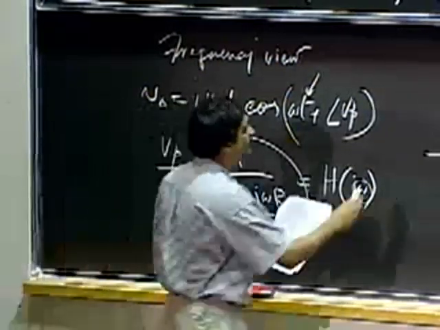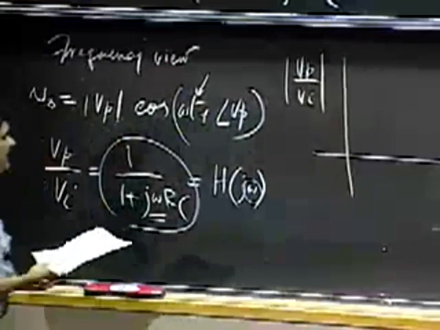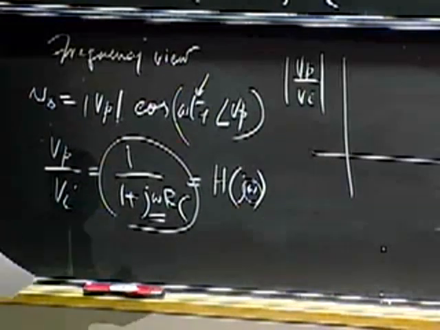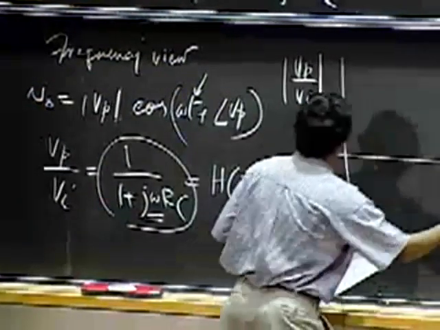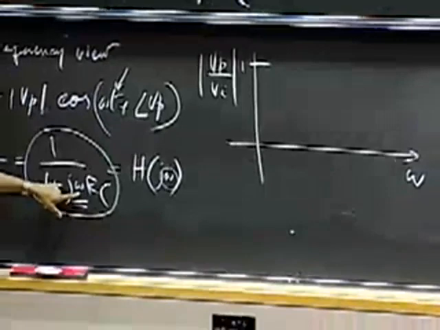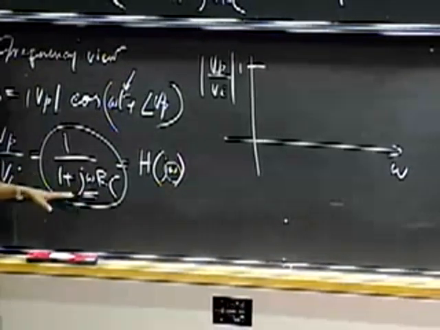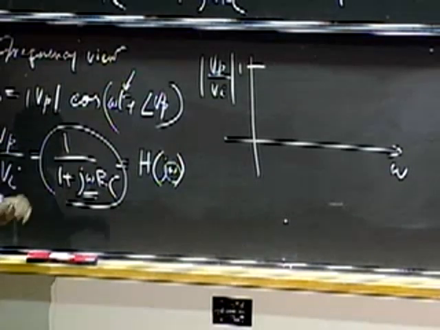As an example, I can plot the absolute value of Vp over Vi, the modulus of that, versus omega. And notice that when omega is 0, an intuitive way of plotting this is to look at the value at 0 and the value at large omega.